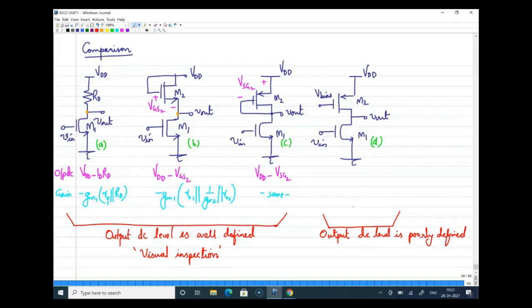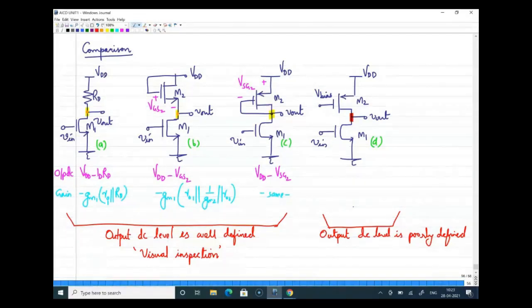And you can also think about this for all these circuits: all these nodes are low impedance nodes, and only for this circuit your output is a high impedance node, and the output DC level is poorly defined.